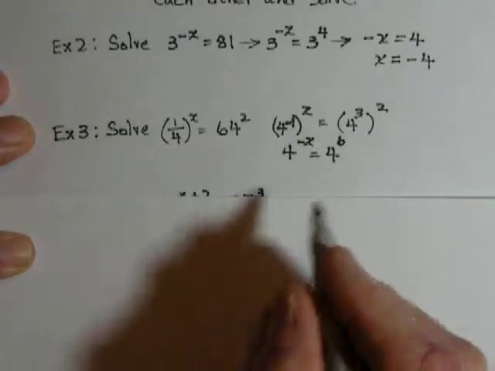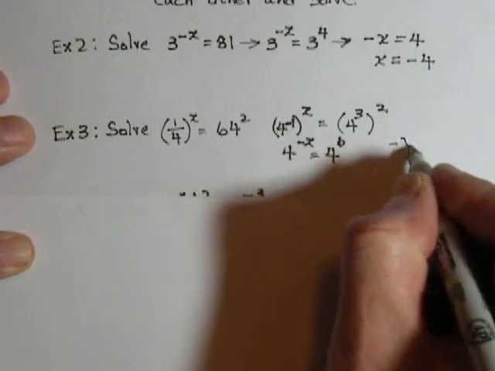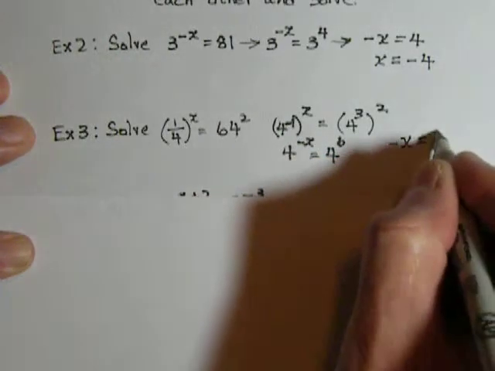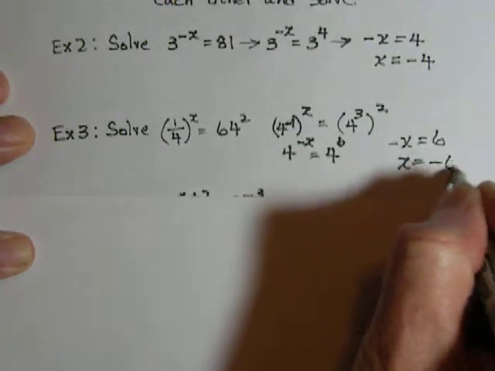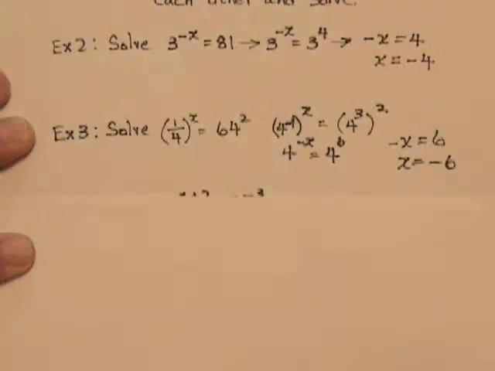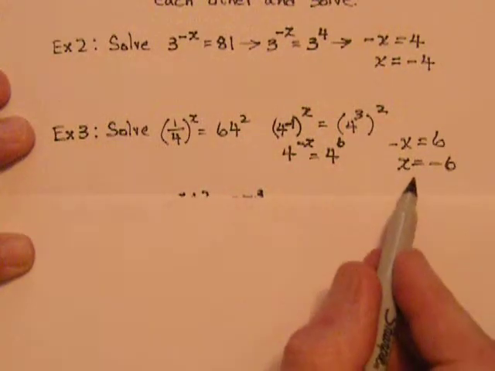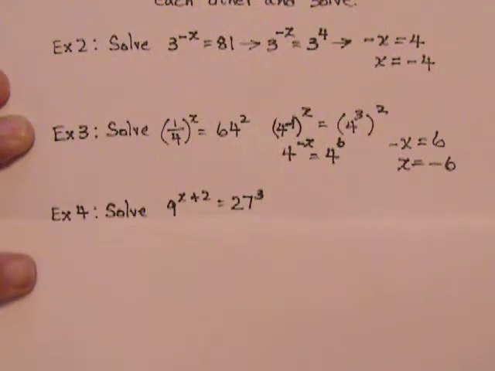Now I have my exponents, negative x equals 6, which means x equals negative 6. So I have solved the equation there for x.